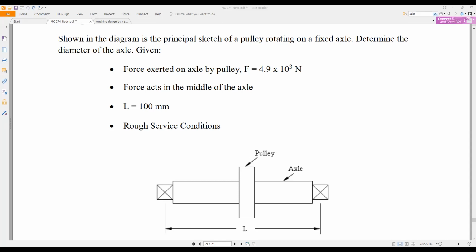And the bending stress is based on the moment of inertia of the section. And this is a cross section. It's having a cross section that is a circle. So determining that will not be a big problem.